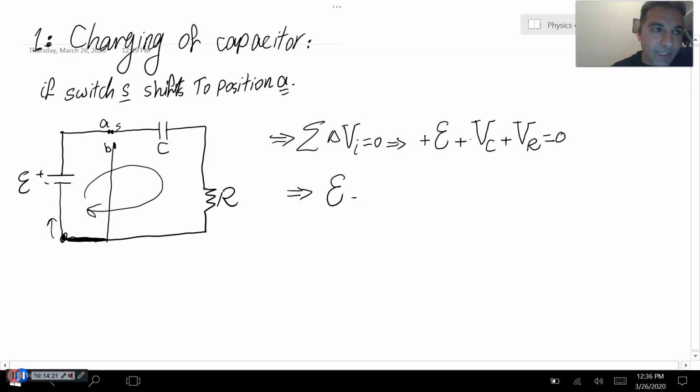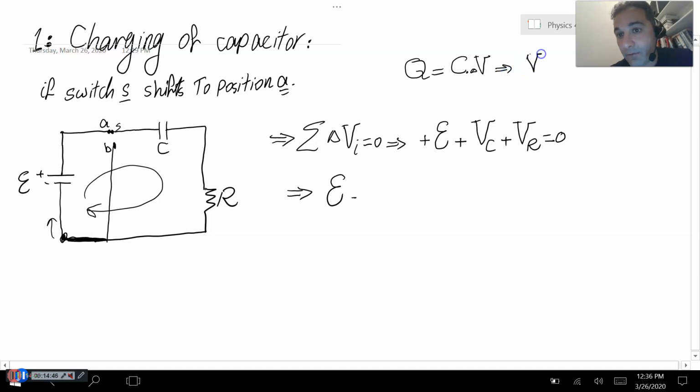What is the voltage of the capacitor, guys? We know that Q is equal to CV, capacitance times voltage is total charge.